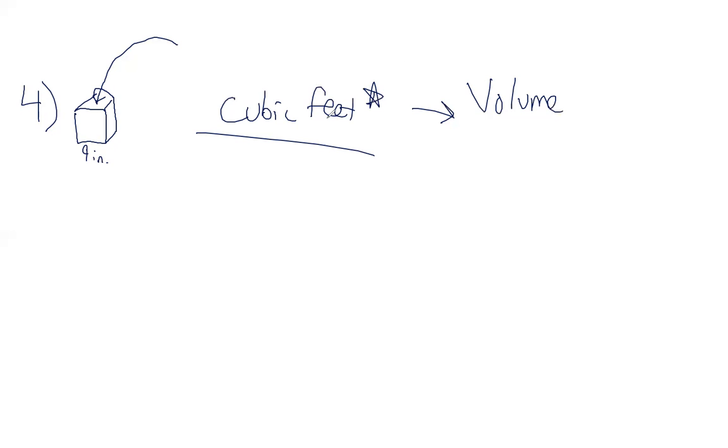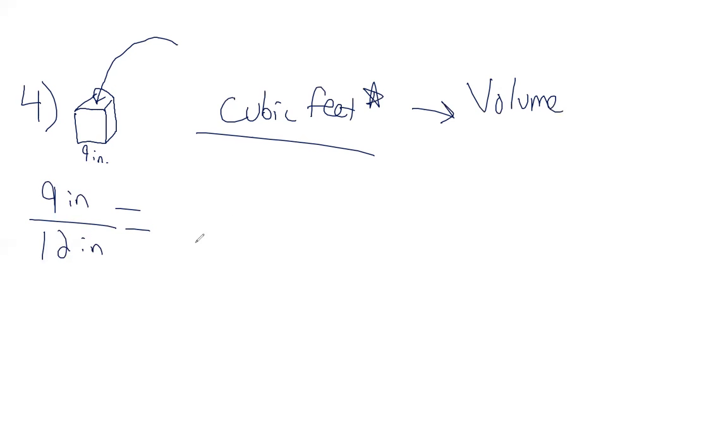So what I'm going to do is start off and convert 9 inches to feet. How many inches in a foot? 12 inches in a foot, right? So 9 inches divided by 12 will tell me how many feet 9 inches is, because there's 12 inches in a foot.